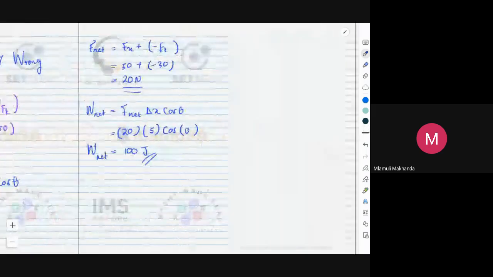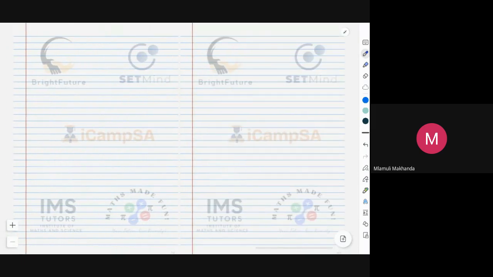So let's carry on and check out other cool stuff from work. We have something called the work theorem.